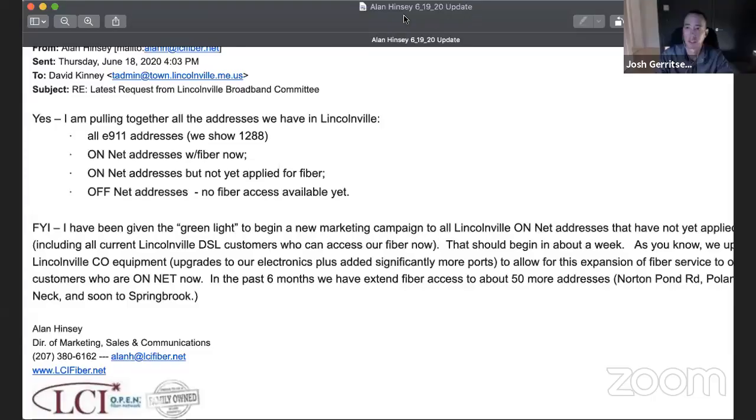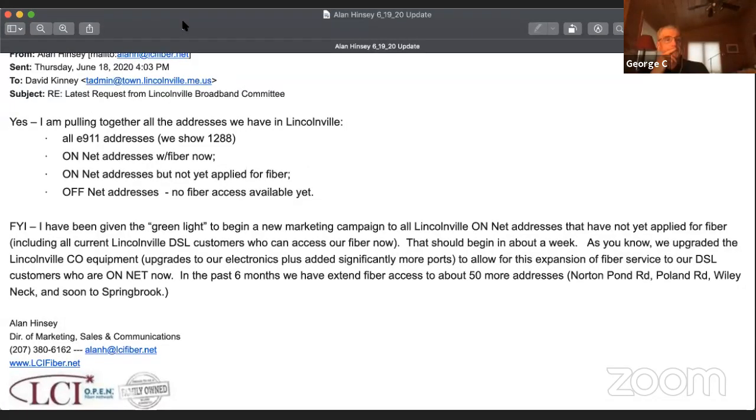I am going to share my screen so you can just see it directly. So Alan says he's going to supply these addresses to us, which is very exciting, and then we can cross-reference that with the information that we gather from the survey, and hopefully things match up, but we'll be able to have those dual streams of data.